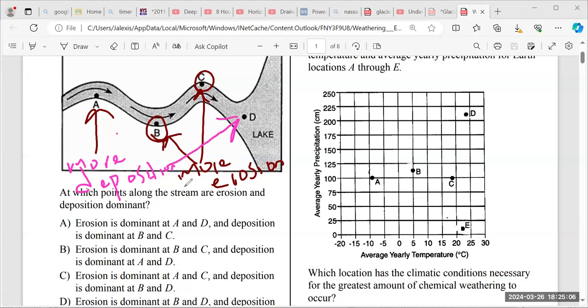It's because when a stream enters a lake, the stream slows down, and when the stream slows down, deposition is going to occur. That's why there's more deposition at A and D, and more erosion at B and C. So the correct answer is choice B.